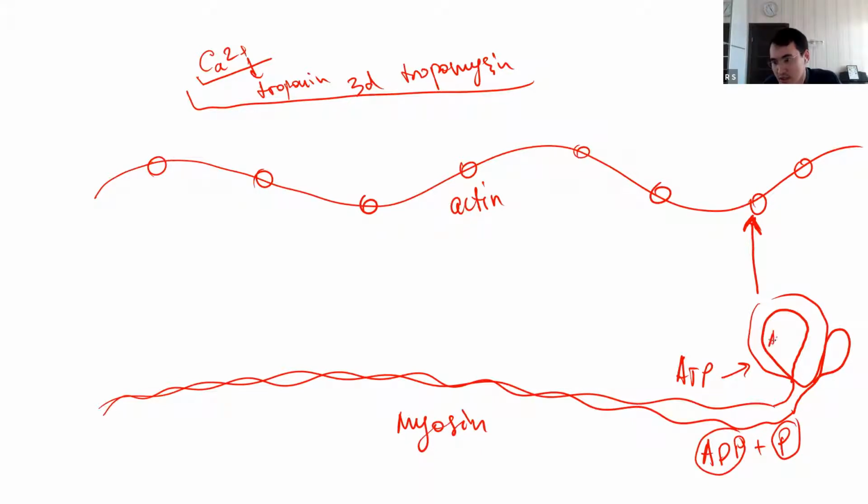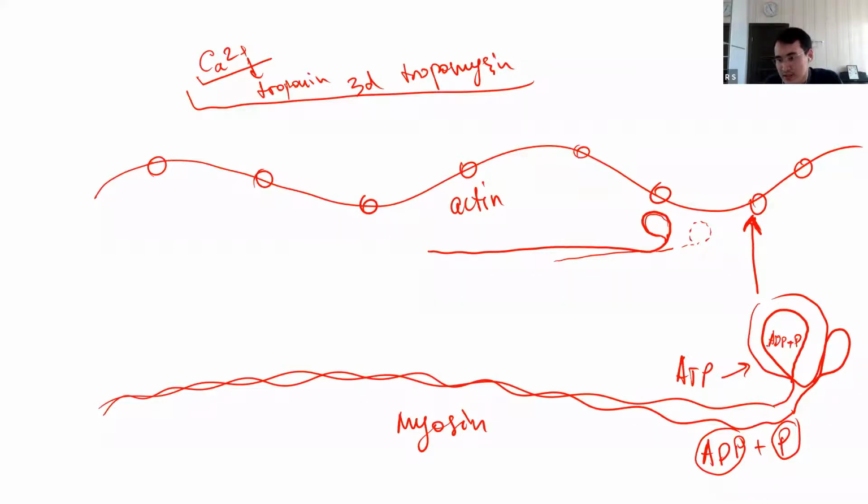Okay, so ADP plus P here, and it changes the conformation again, so that this head, so let's show it like this. Whenever we have this ATP binding, this head will extend in this direction. Okay, so towards the next binding site.